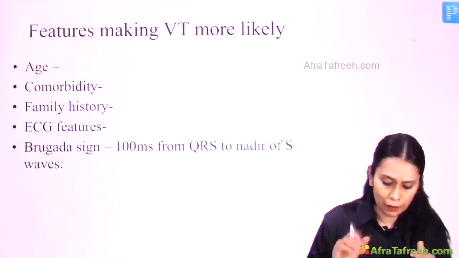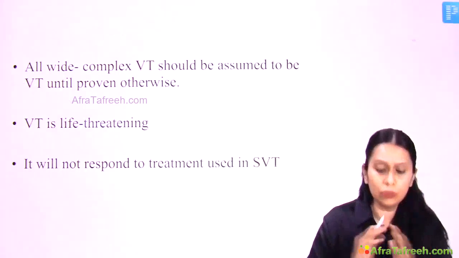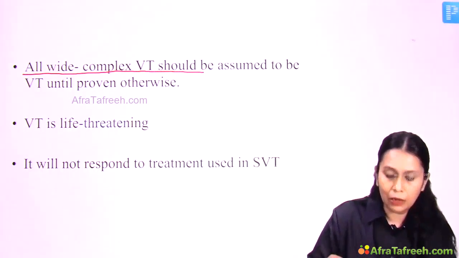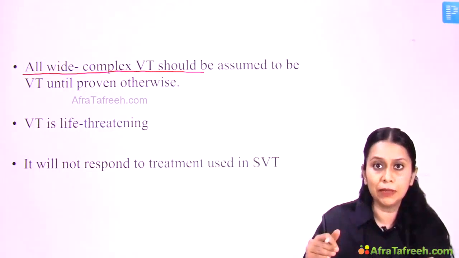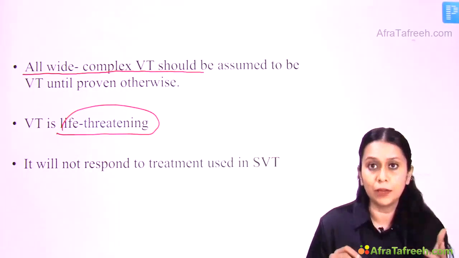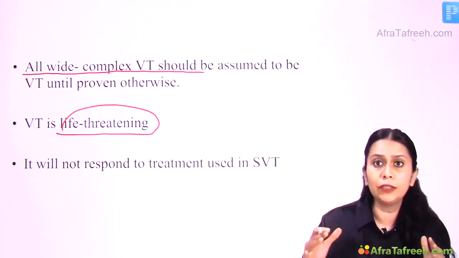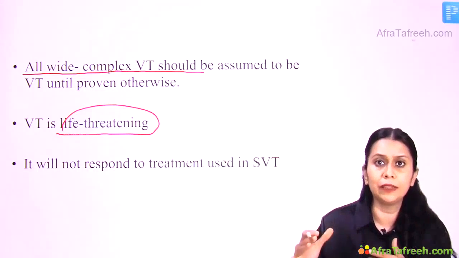Why? Remember, why we should consider all wide complex tachycardia as of ventricular origin: because ventricular tachyarrhythmias are life-threatening and need to be treated fast. Supraventricular tachyarrhythmias are not life-threatening, they may be very benign, but ventricular tachyarrhythmias are life-threatening.